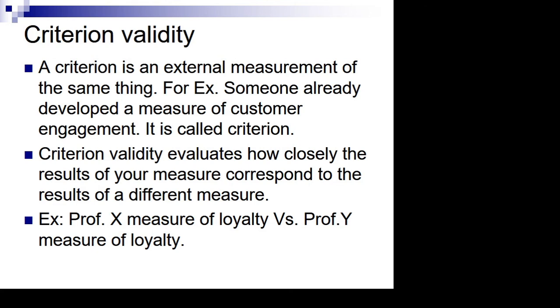So when there is a high correlation between both measures, then we can declare that your measurement has criterion validity because that professor's measurement is already well established and published. When it is published, it is universally acceptable. So against the well established measurement, you are declaring your measurement is also reliable, I mean valid. And this is what we call criterion validity.